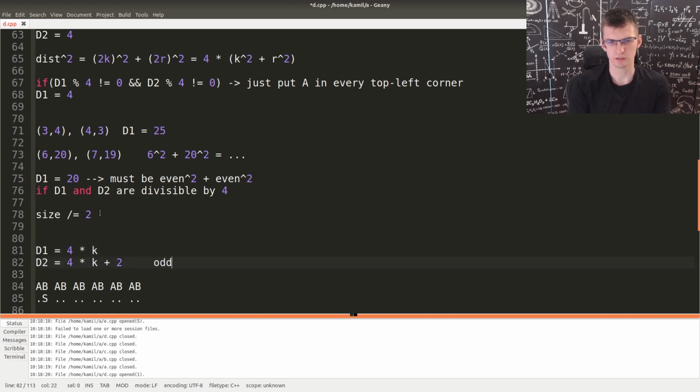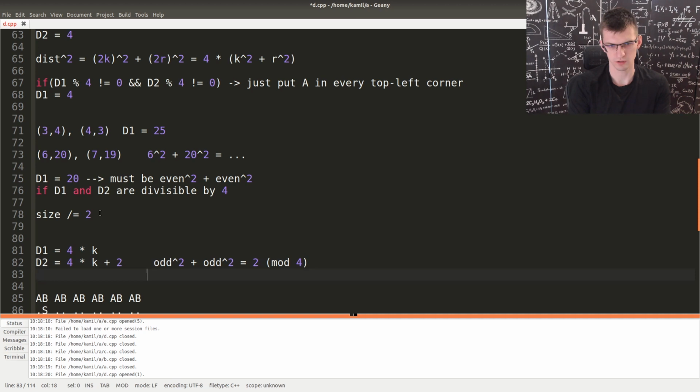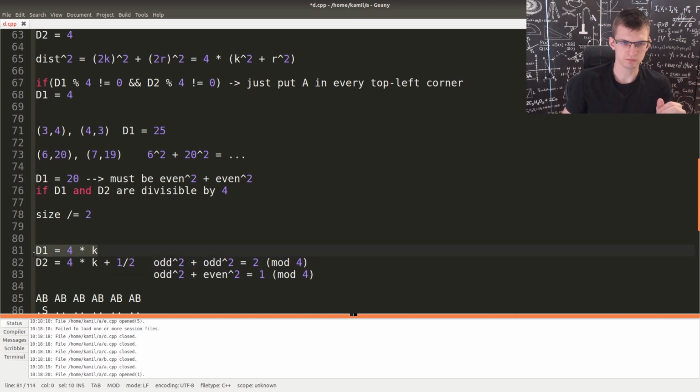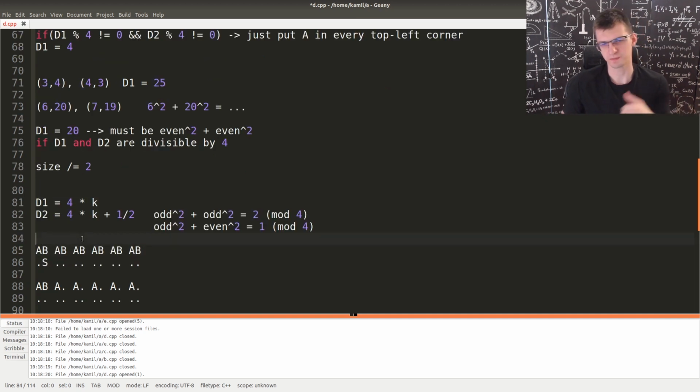Odd square plus odd square is 2 modulo 4. Odd square plus even square is 1 modulo 4. Those are 2 possibilities. But, so this is 1 or 2. In both cases, D1 and D2, I wanted to say are independent, but it's not true.